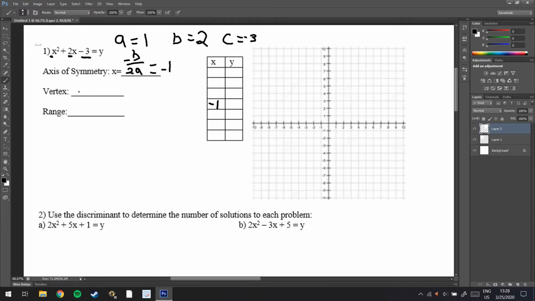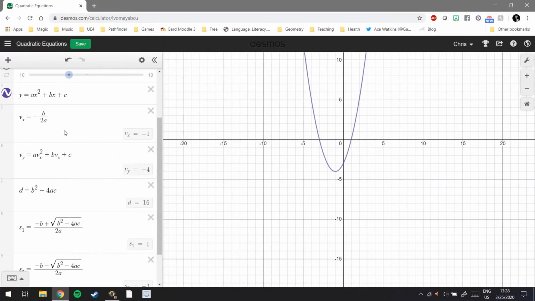To find the vertex, I need an x, comma, y. Well, I know my x is -1. I could plug in -1, but I already set that up for you nicely. If we look, Vy is our y value for the vertex.